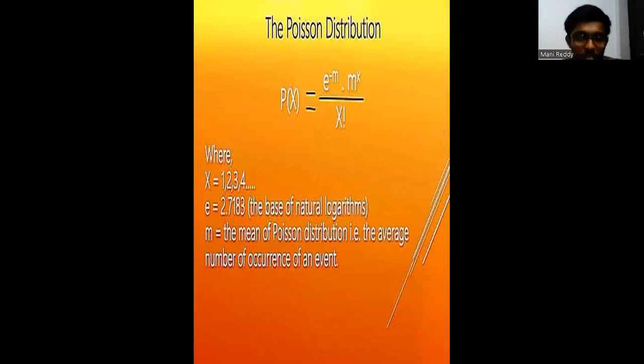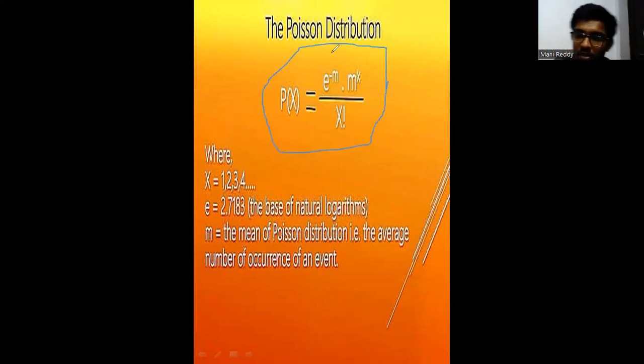The Poisson distribution mathematically is also a probability, but it has a formula. So I just want to note: this is the formula.